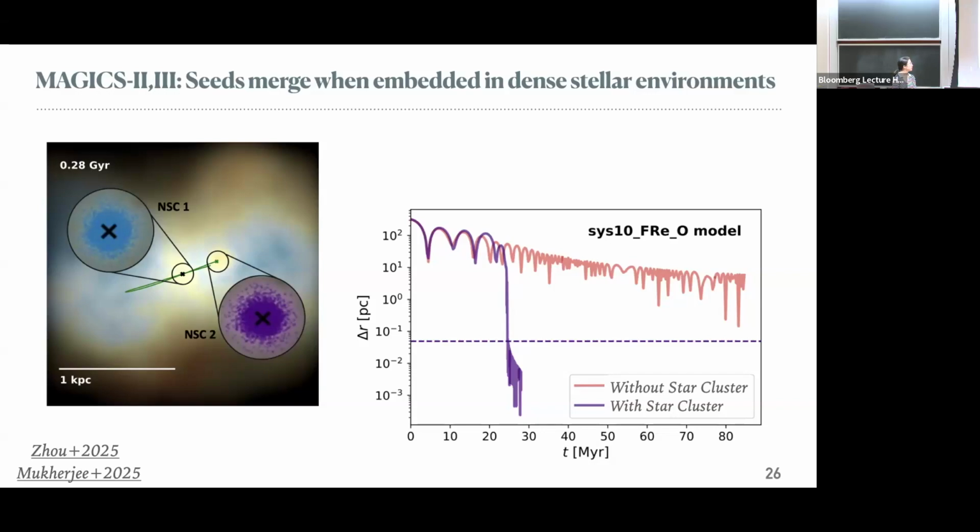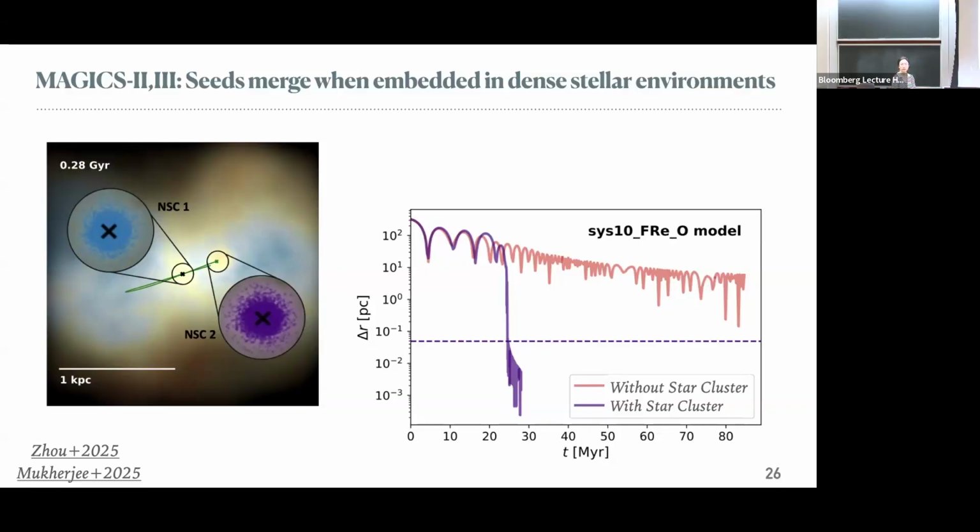Yeah. Because you have the interaction between these star clusters, it immediately brings the black holes together. We didn't zoom into this, so it appeared to be a very sharp drop.